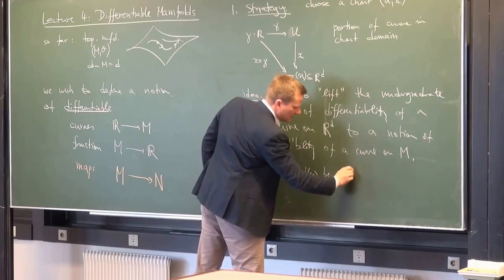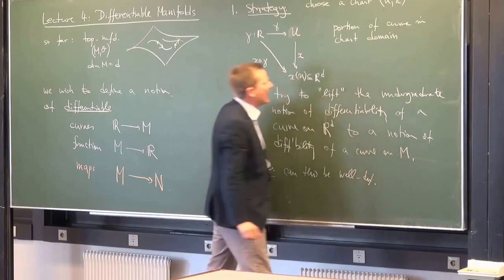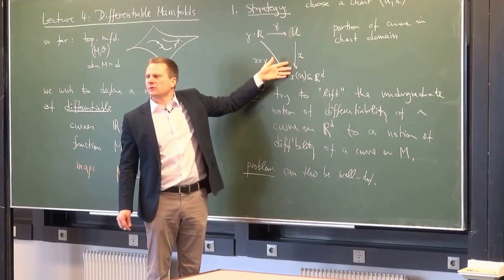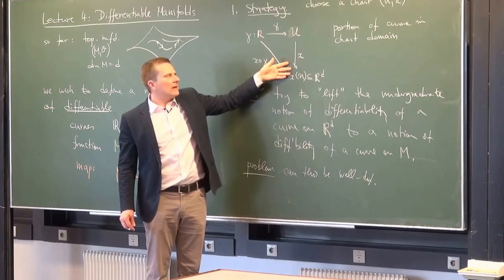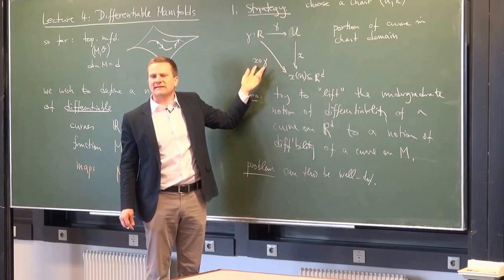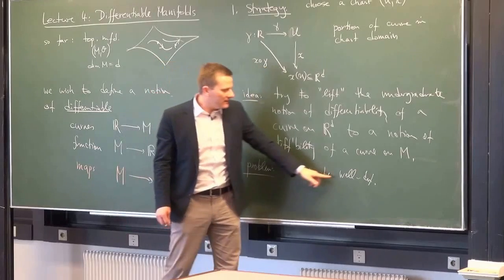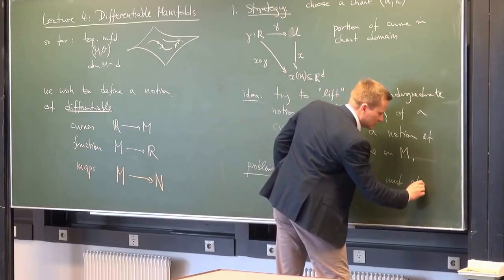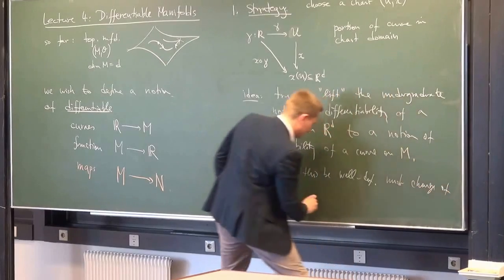Because after all, the curve doesn't know anything about me looking at a particular chart. It would be a very bad idea to assign the curve a property that depends on my taste. So well defined, is this well defined under change of chart?